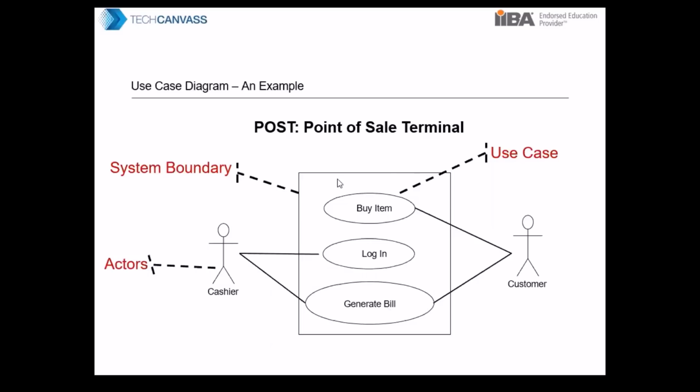The rectangular box actually represents the scope of this system. Sometimes you start capturing the requirements without classifying at that moment what is within the scope and what is outside the scope. That analysis is done a little later. So right now, use cases are steps or methodologies to capture requirements as you understand them.